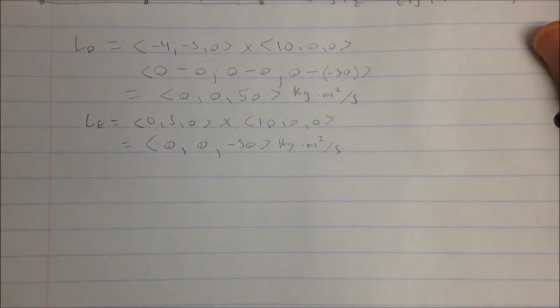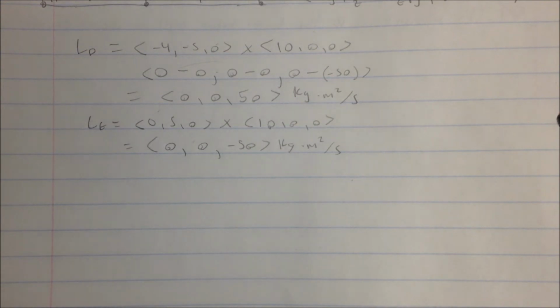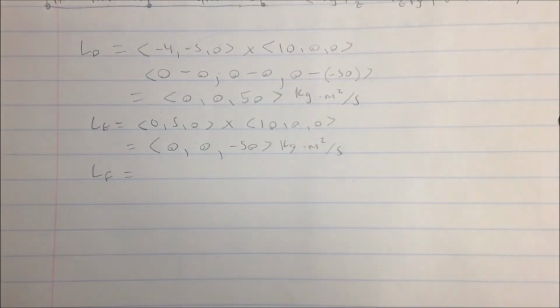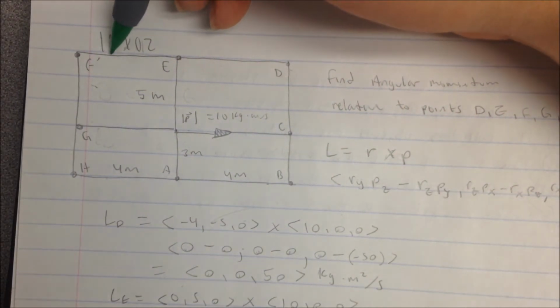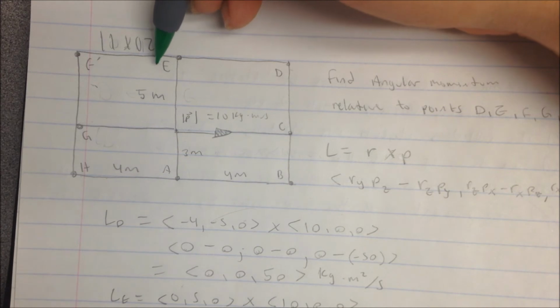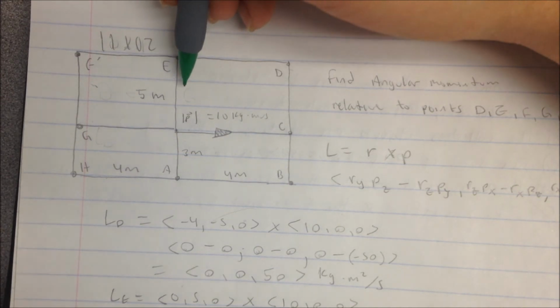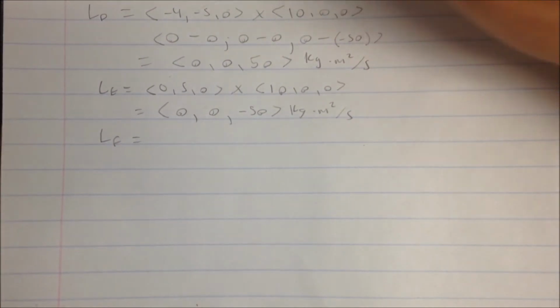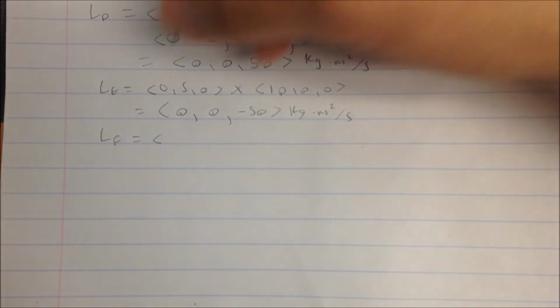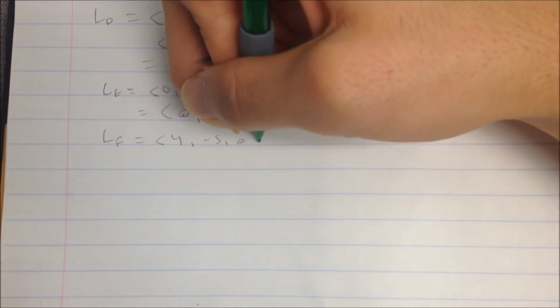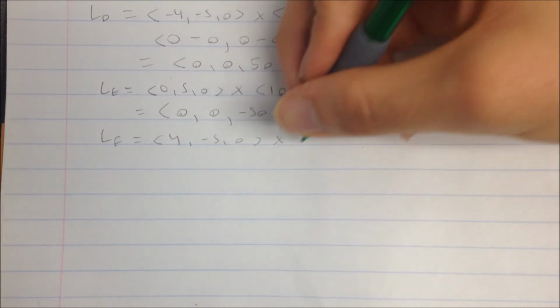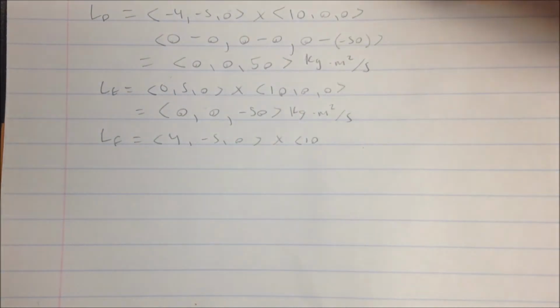We do the same for point F. Now point F is +4 on the x-axis and -5 on the y-axis. So R is 4, -5, 0, cross product 10, 0, 0.